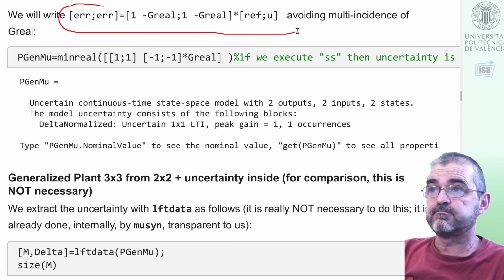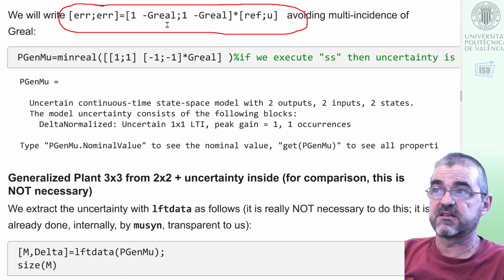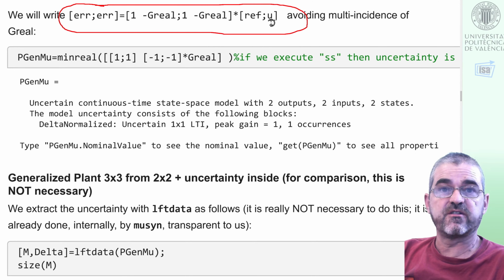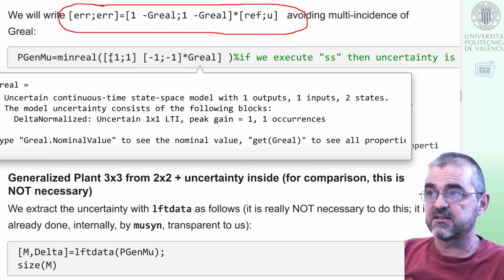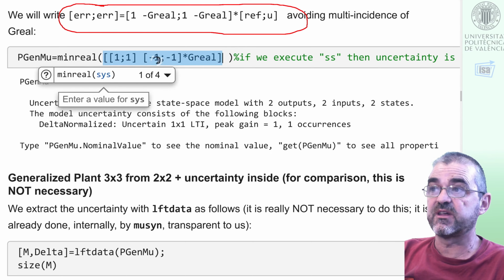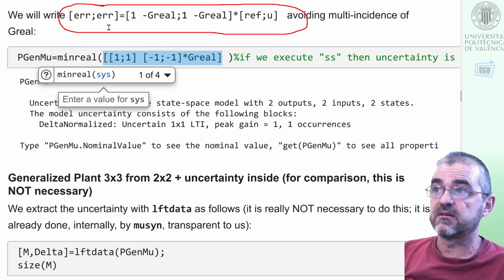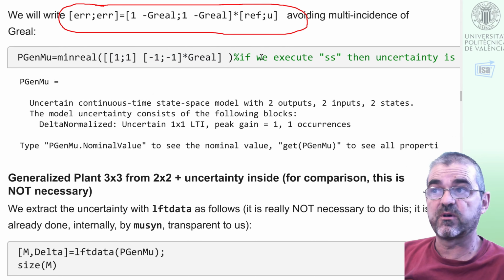Mu synthesis allows us to solve the problem without manipulating the uncertainty, apart from putting it into the physical plant. So we have an uncertain physical plant, and then we build the generalized plant as if we were solving a nominal H-infinity optimal control problem.